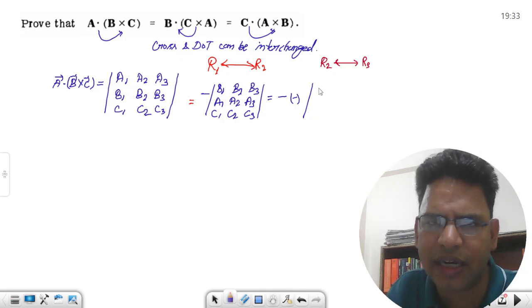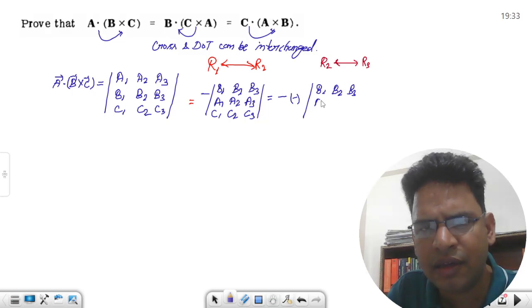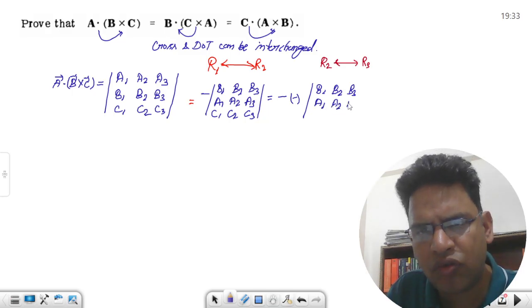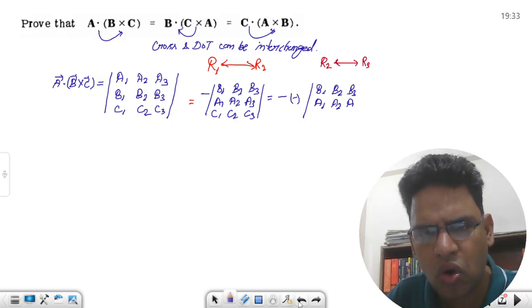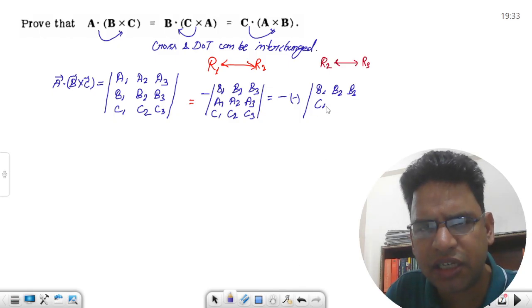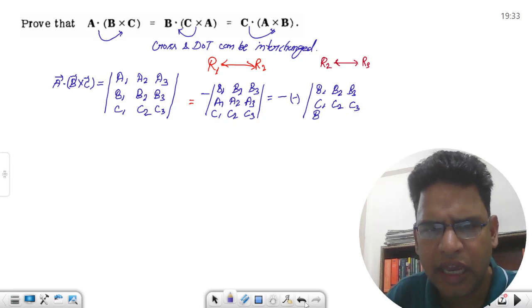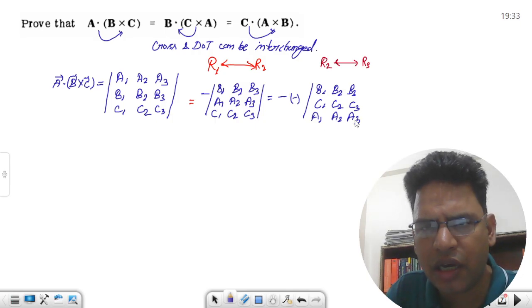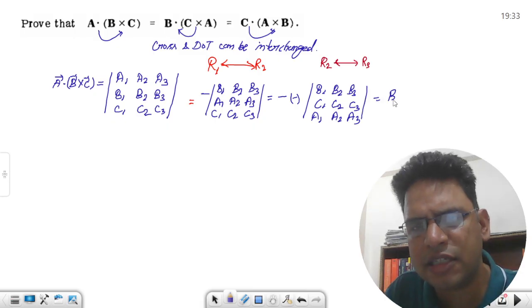So you are going to get again B1, B2, B3, then C1, C2, C3, then A1, A2, A3, है ना? And this is the same as B vector dot C cross A vector. Okay.